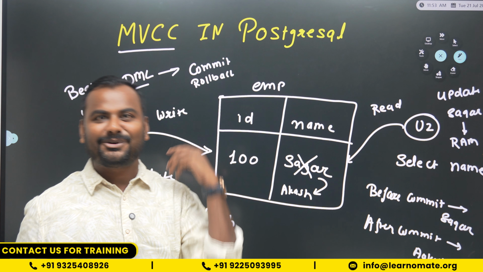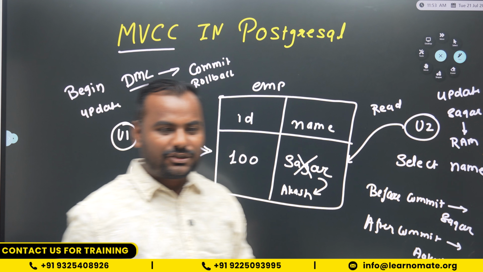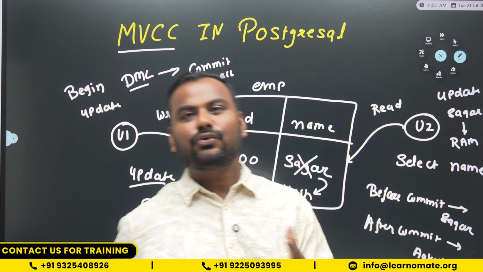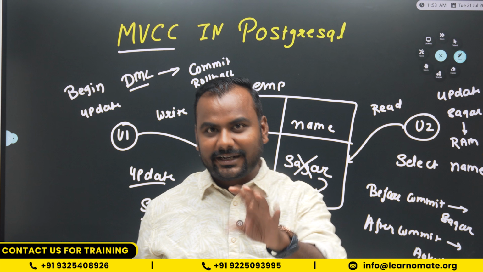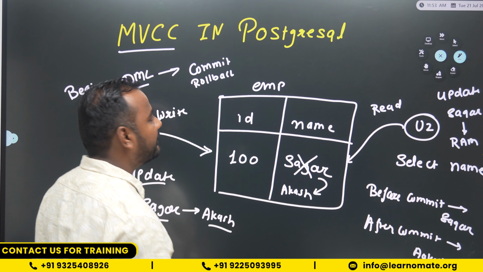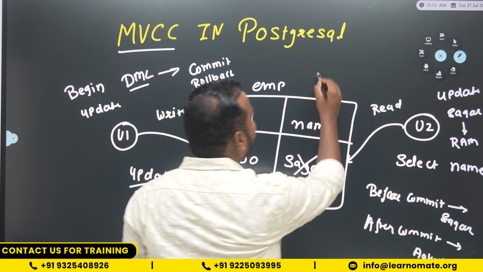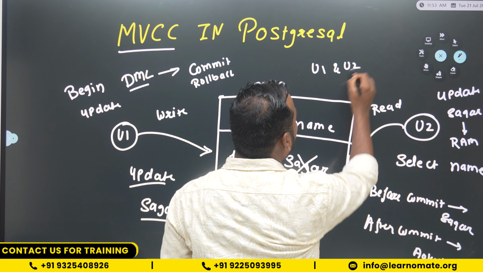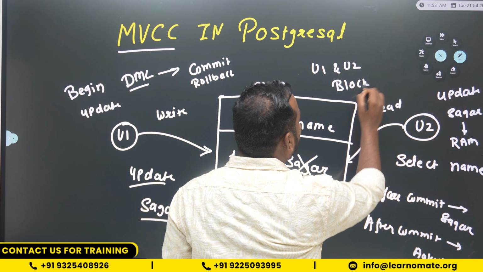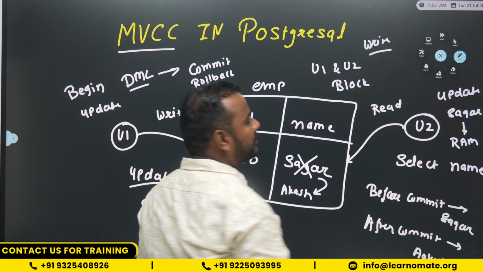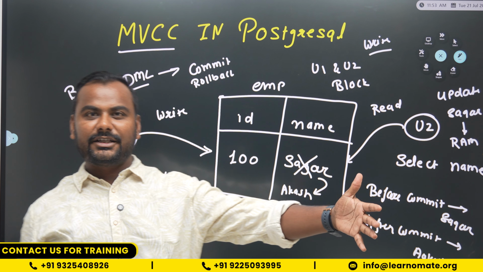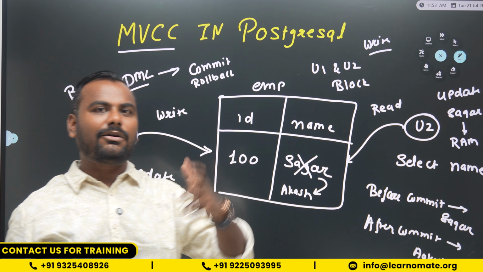Is it possible for two users to write to the same record at a time? No, it is not possible. U1 and U2 will block each other. So two write operations at once are not possible. One write and one select is possible, but both users cannot write at a time.